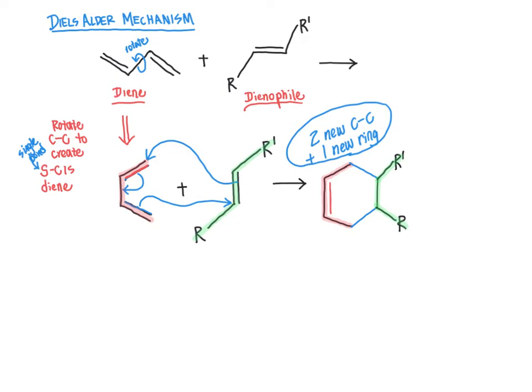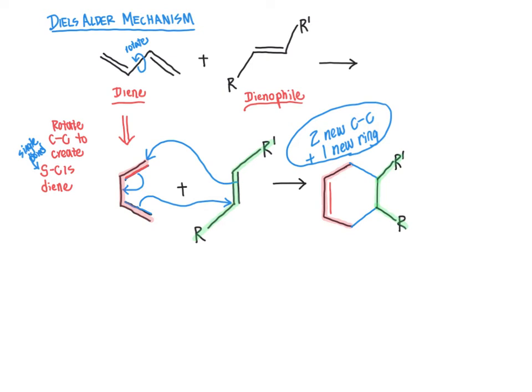And so the more electron withdrawing the R groups are, here or here, the more strongly the attraction will be between the diene pi electrons and this carbon of our alkene. Because if the R group here is electron withdrawing, that's going to make this carbon more positively polarized, and hence the electrons will be more drawn toward it.